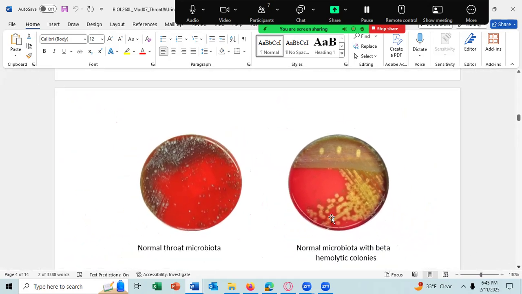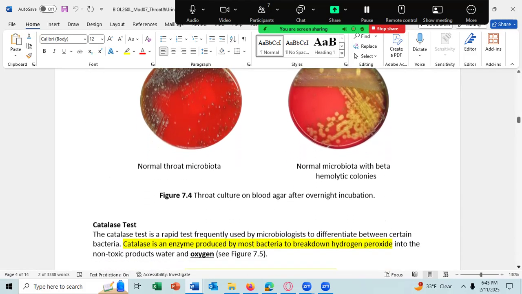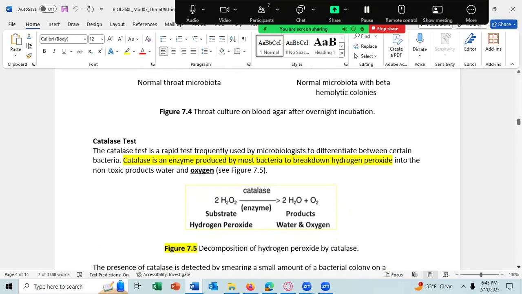All right, once you get beta hemolysis on a blood agar from a throat culture, you then need to perform two tests to show that it is Streptococcus pyogenes. The first test is the catalase test. It's looking at the enzyme catalase. Catalase, in the presence of hydrogen peroxide, will convert the hydrogen peroxide to water and oxygen.